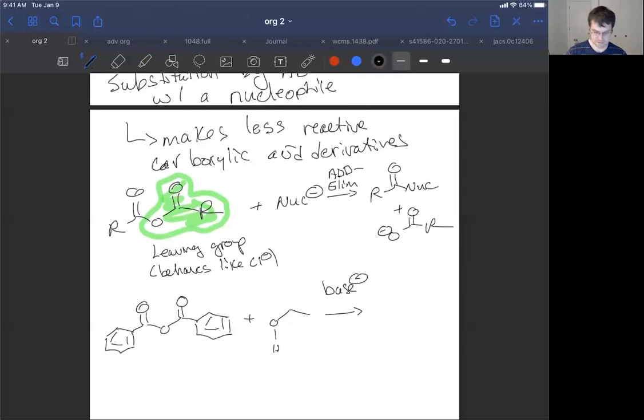But let's just use a strong base. I bet we can get away with it. So if we use a strong base, we can deprotonate the alcohol and allow the alkoxide to be our nucleophile.